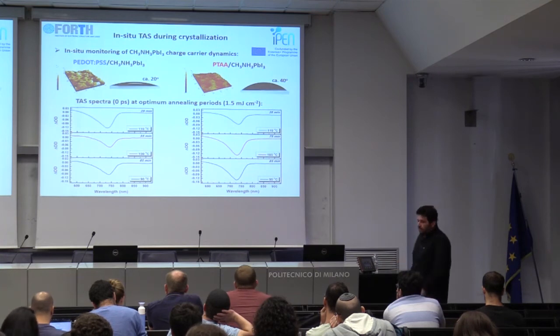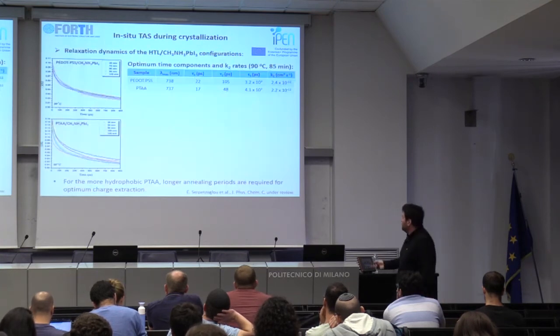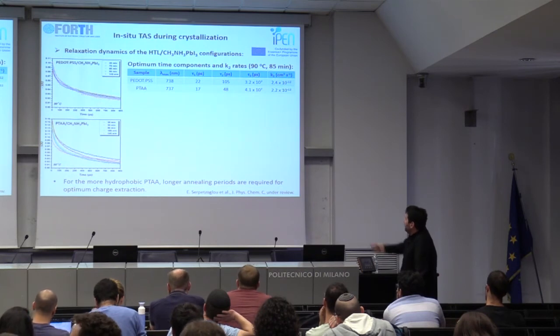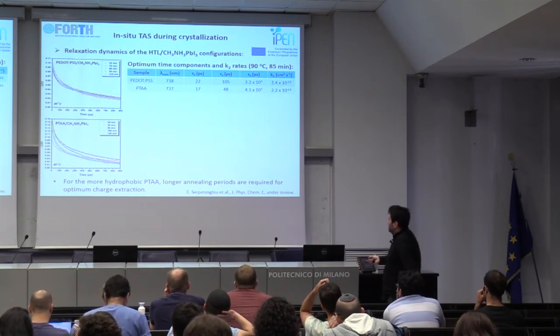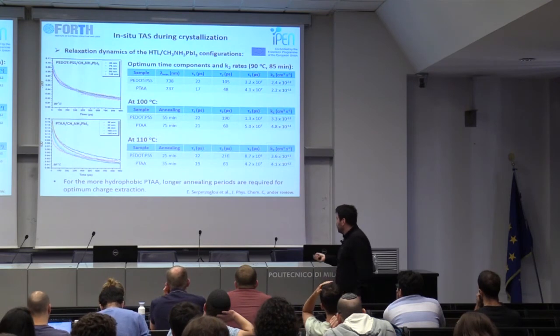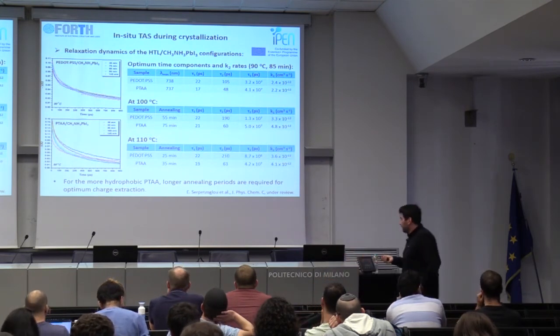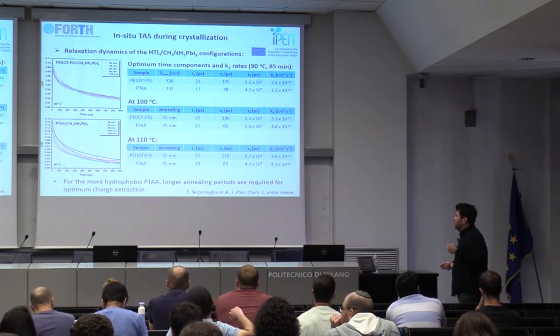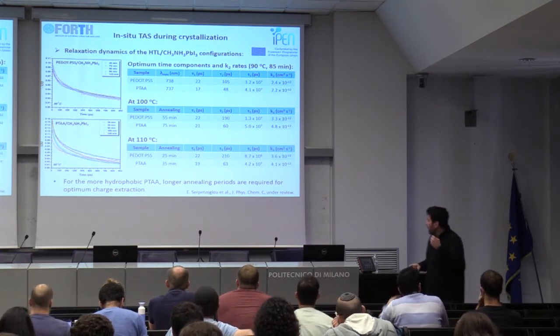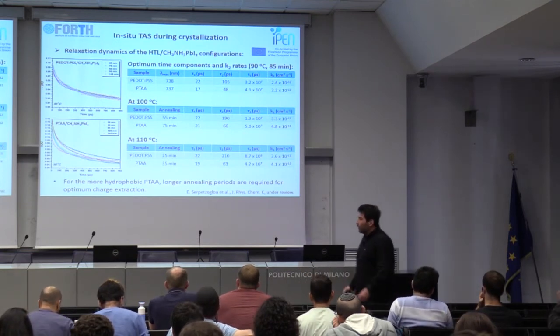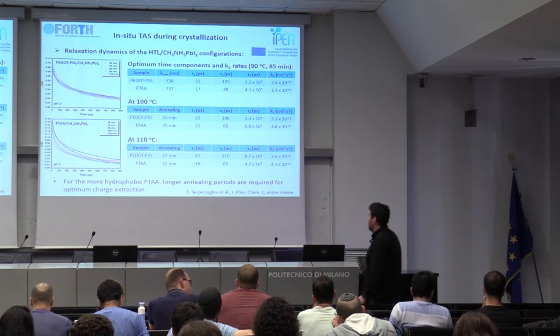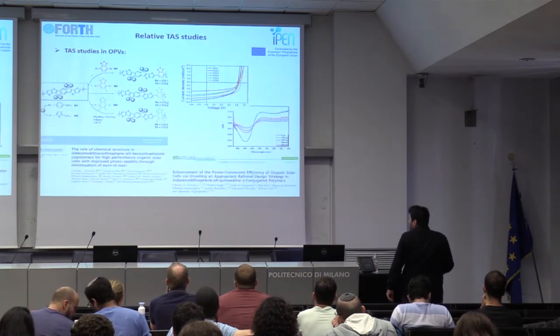And you can see this also from the relaxation dynamics that are described here. So the conclusion for this is that the more hydrophobic PTAA polymer requires longer annealing periods in order to achieve optimum charge extraction.